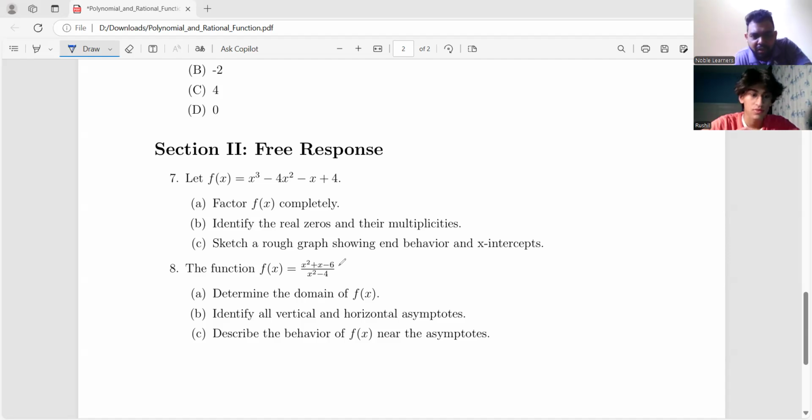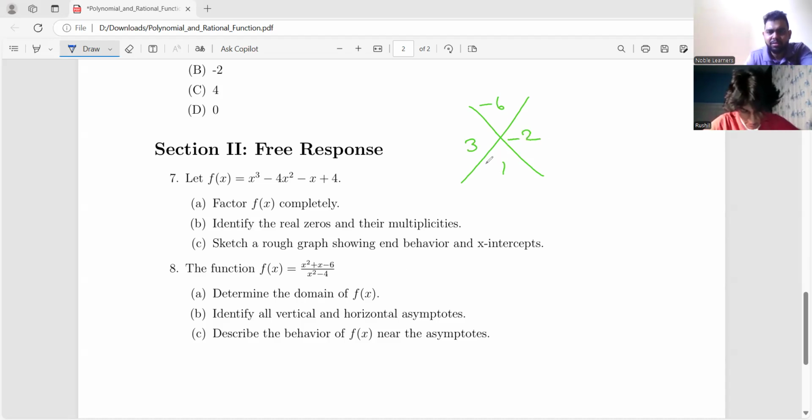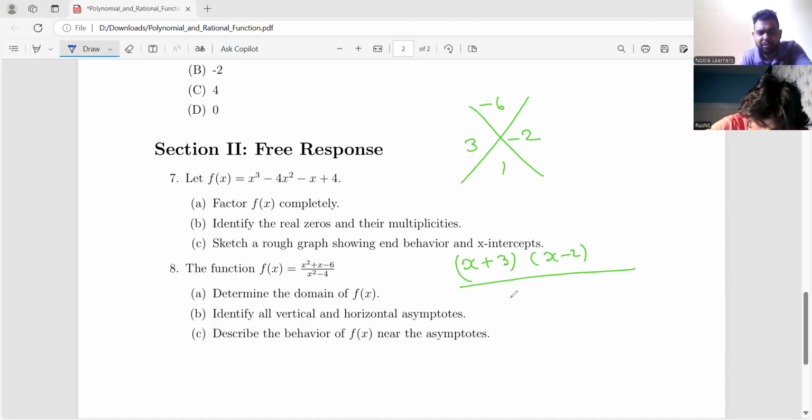So that's why you have to factor the top one as well. So negative 6, you have to factor into 1. So that is 3 times negative 2. So that is going to be x plus 3, x minus 2. And in the bottom, you are going to write x minus 2, x plus 2.